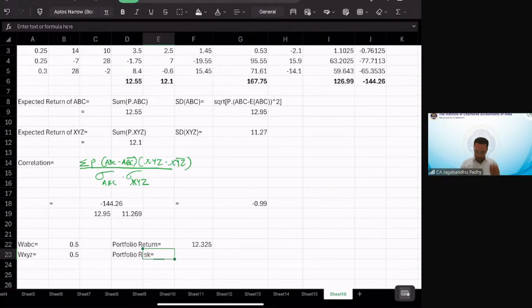So what's the portfolio risk? Compute the portfolio risk using the Markowitz formula, guys.